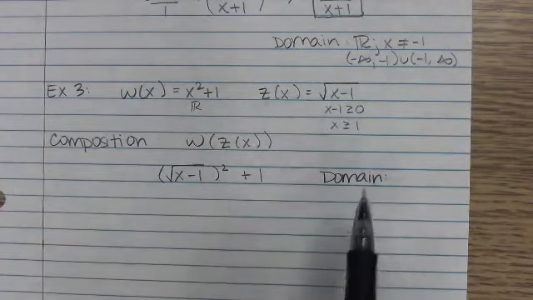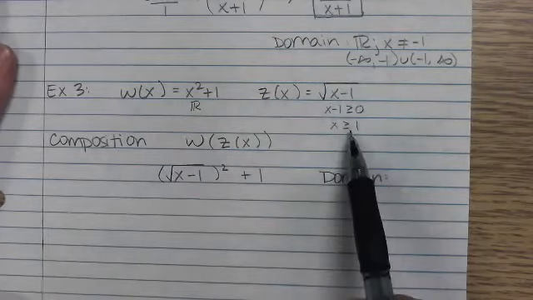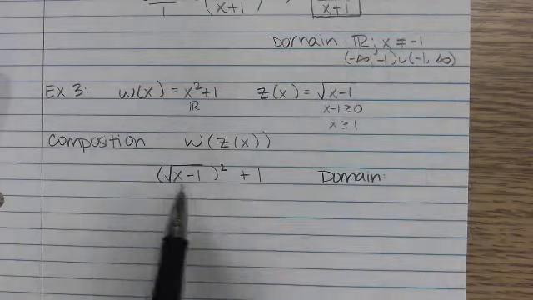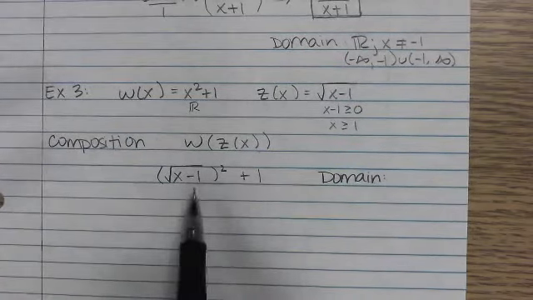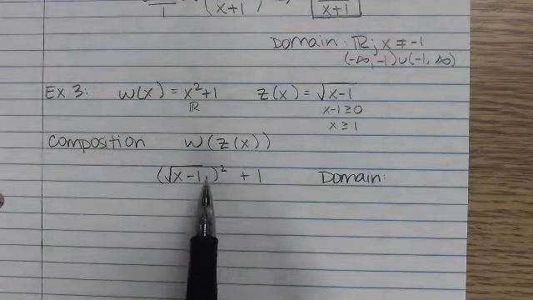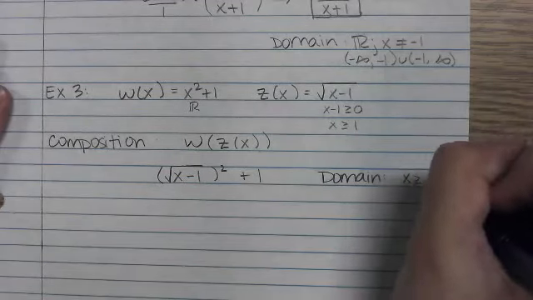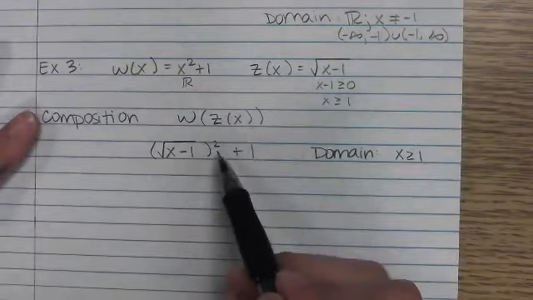So if you look at this problem, we know that all real numbers was right here, and we know over here we had to have only numbers that were greater than or equal to 1. So if I look at the function right now, I'm seeing like, yeah, that stuff still fits. I don't see a fraction in there. There's nothing more that's going to limit it that way. So I'm going to say it looks like my domain is greater than or equal to 1. So now let's continue working on the problem and see what happens.